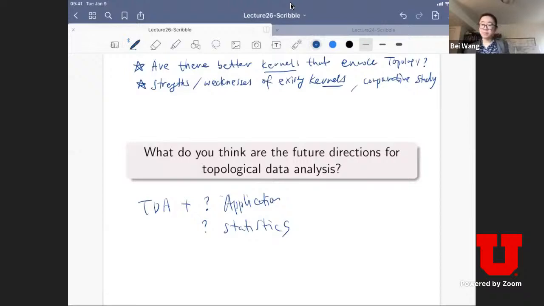Because in my mind, statistics is about thinking about numbers, numerical values, distributions, quantiles, confidence intervals, and so on and so forth. And then there's an interesting combination of TDA and statistics, right? So anyway, great. Anybody else?